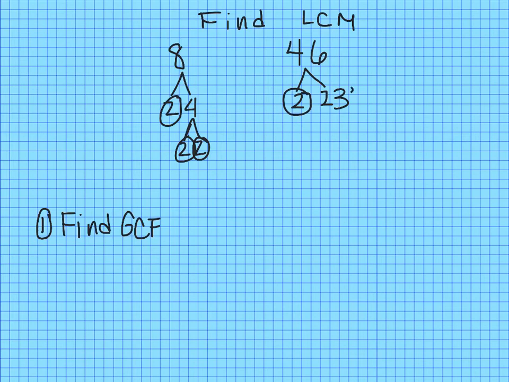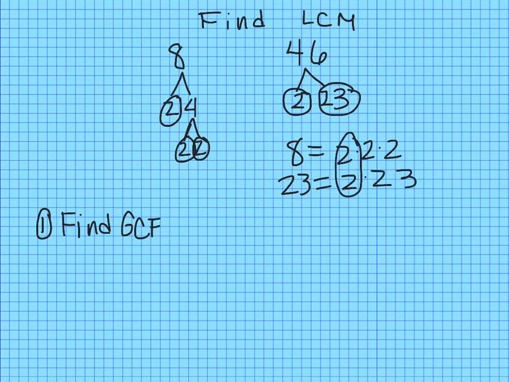And then 23 is a prime number, so it only has 2 factors. So if we want to find our greatest common factor for those, we know that 8 equals 2 times 2 times 2, and 46 equals 2 times 23. So our greatest common factor is 2.